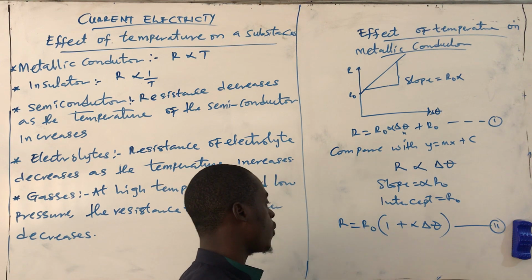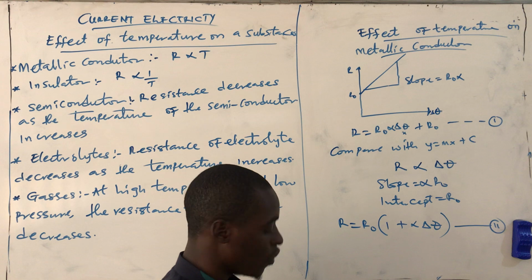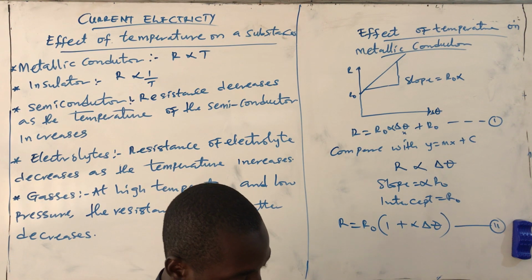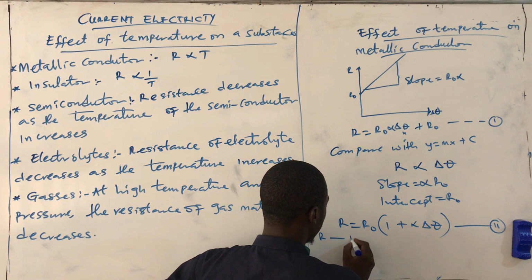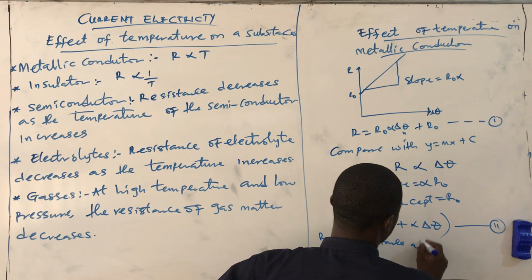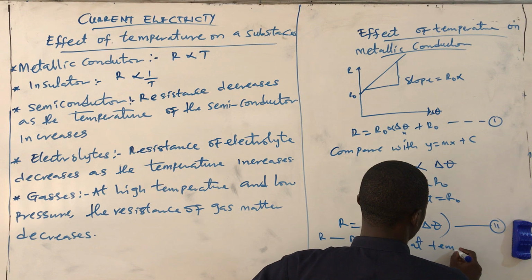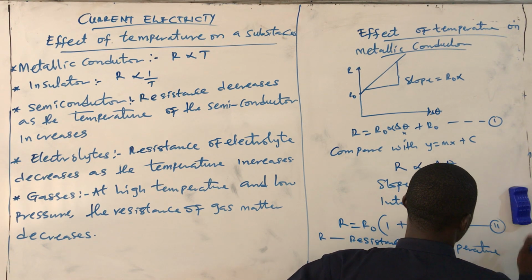This is the formula to find the resistance of a metallic conductor, in which R is the resistance at temperature theta.